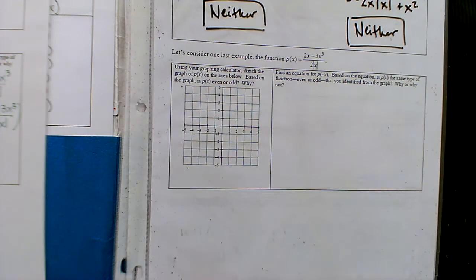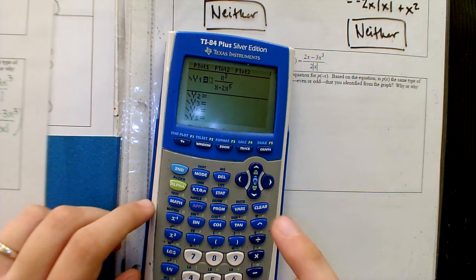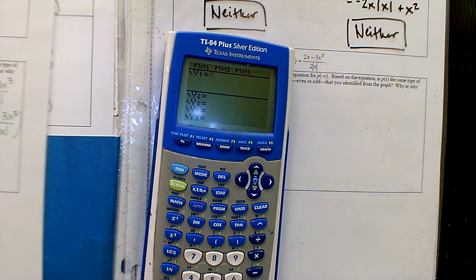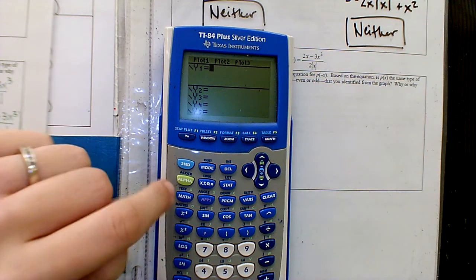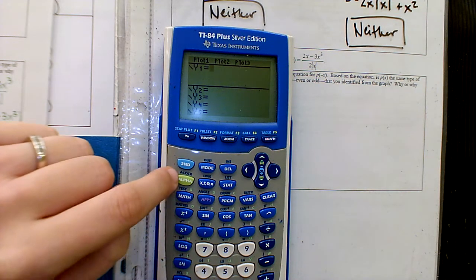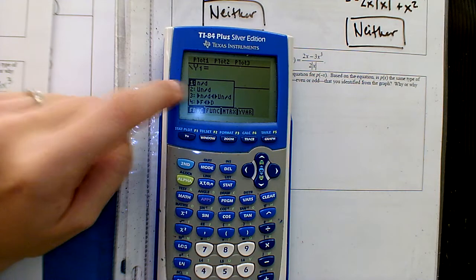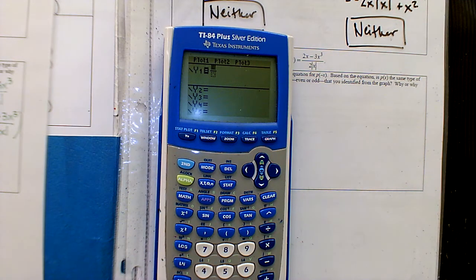Okay, let's try another graphing example. On our calculator, go to y equals, and we'll clear that out. All right, River, I'm going to try this again. It was alpha, y equals, and the first one, just hit enter. Okay, so there's our fraction.